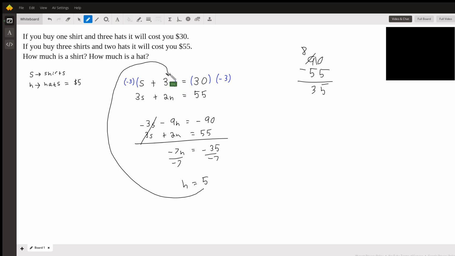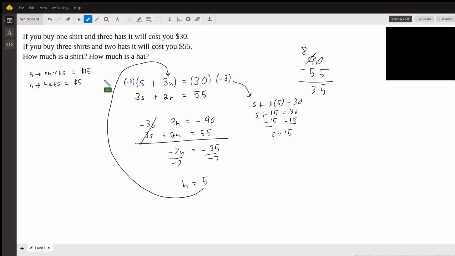If we plug a 5 back in for h, we get s plus 3 times 5 equals 30, or s plus 15 equals 30. Then we subtract 15 from both sides, and we get s equals 15. So that means that a shirt must be $15.